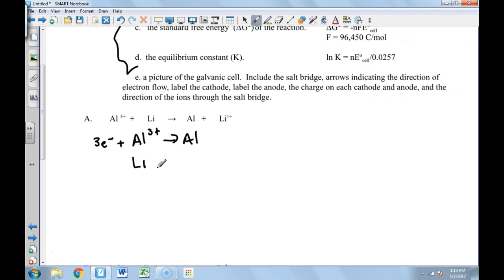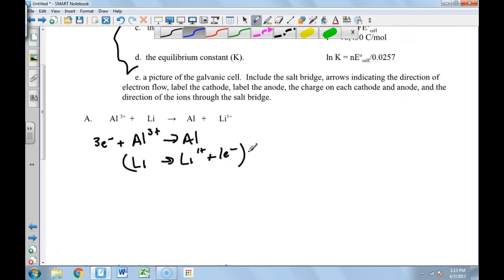And then it's Li goes to Li+, and so we're going to add 1 electron here. When we balance this, we want to multiply this by 3 to get the electrons out. And so now the coefficients here, and I'll just write them here, are 3 and 3. So that's the balanced chemical reaction.